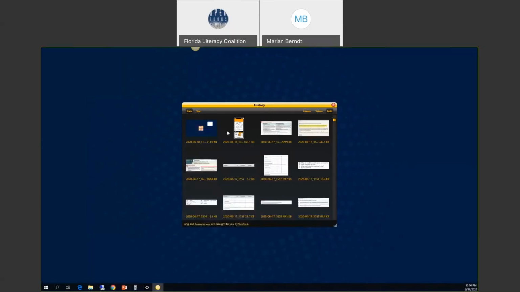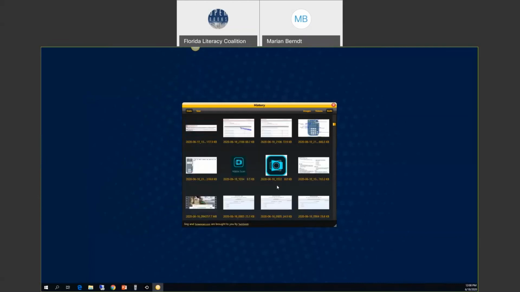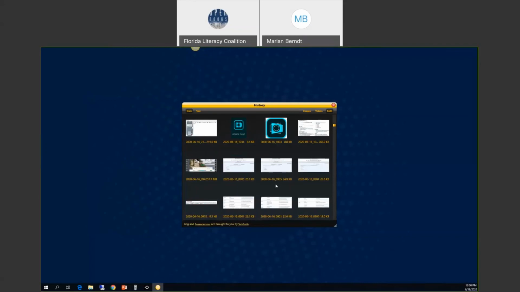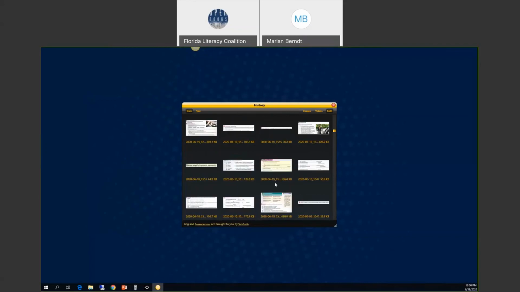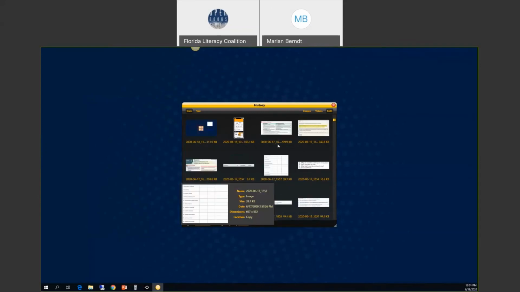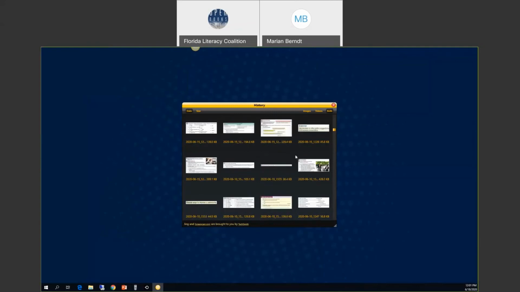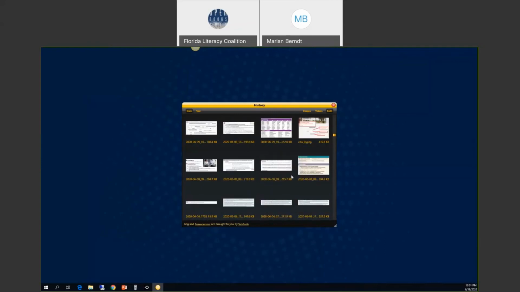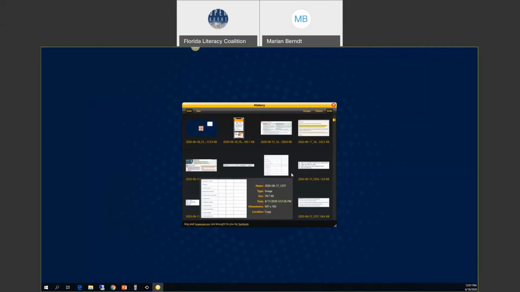So if I have made a screen print of a page in the book, or these are all the lessons that I've been working on with my students, or I made a screen print for this presentation, it's all there in the history. So it makes it easy for me to get back to it when I need to use it again. A lot of times with instructional videos for students, I'll lose them and then I need to find them again, and here they are. They're all here in this history. So I really like that about Jing.